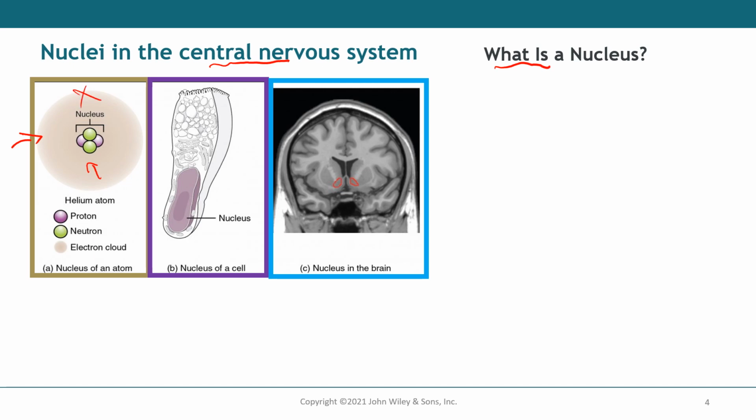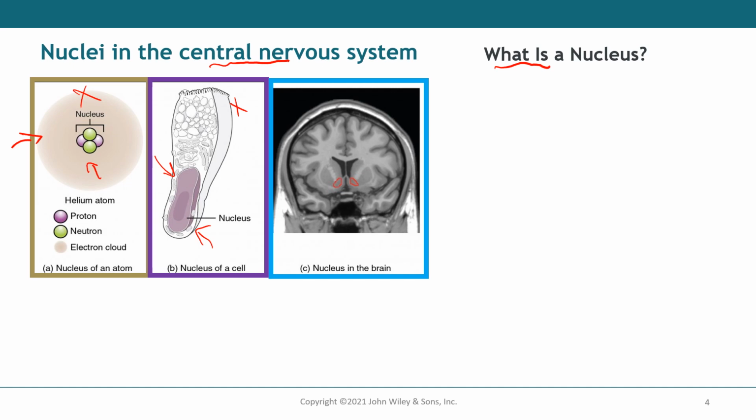This is correct, and we talked about that in the beginning of the semester, but this is not the nuclei that we are going to talk about. We also talk about nucleus in cell biology, in terms of the part of the cell where the DNA is located. Here in the central nervous system, we are not talking about that.